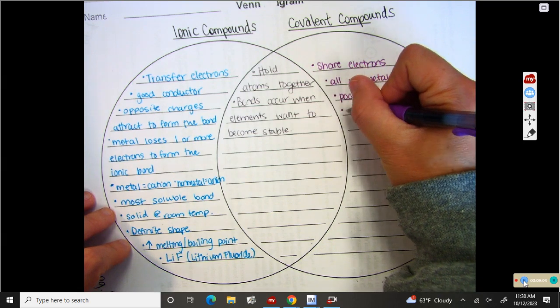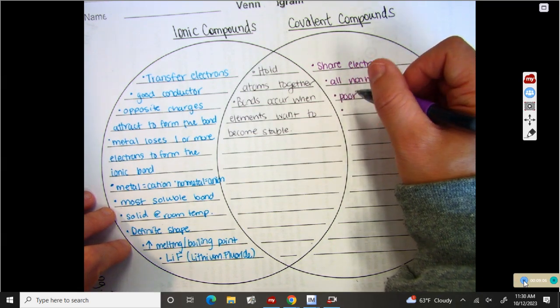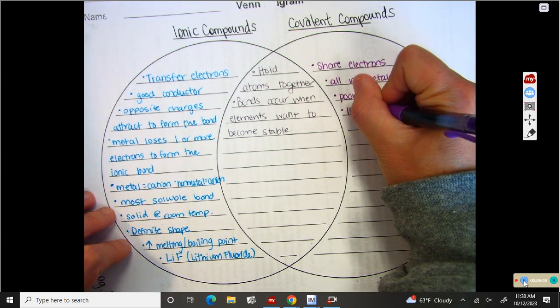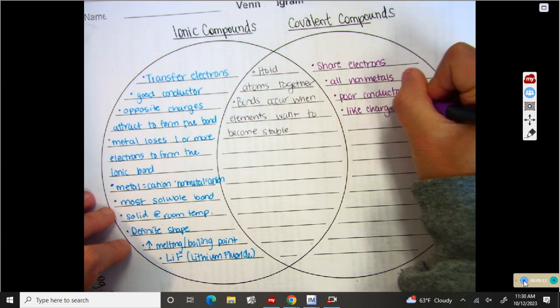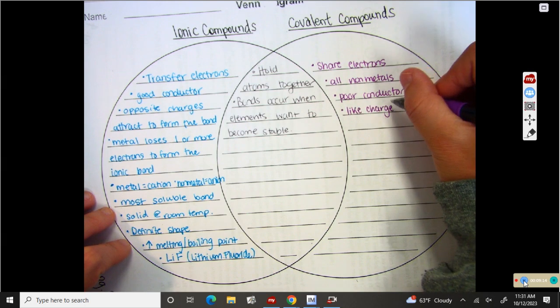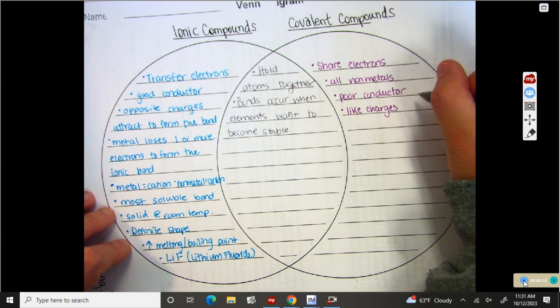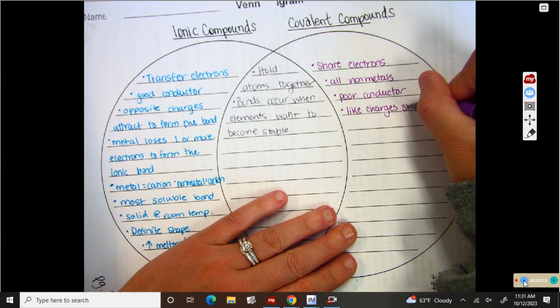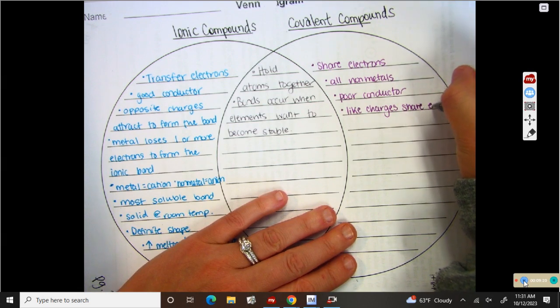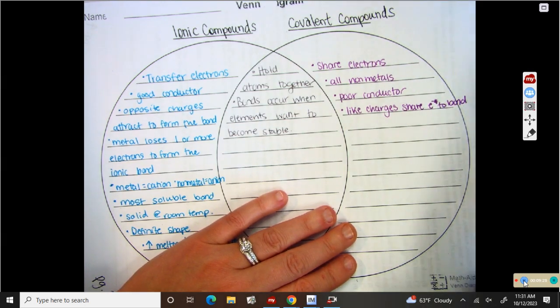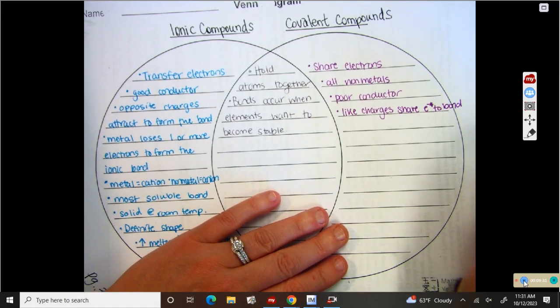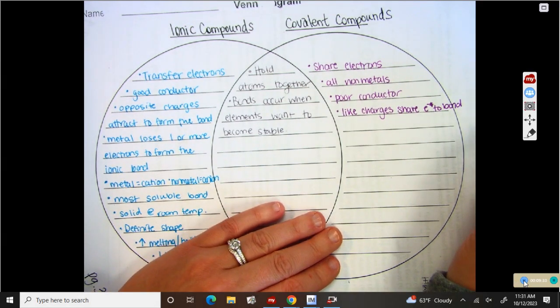So what we're going to write is like charges. So they're all negatively charged, nonmetals are. Like charges share electrons to bond. Like charges share electrons to bond.